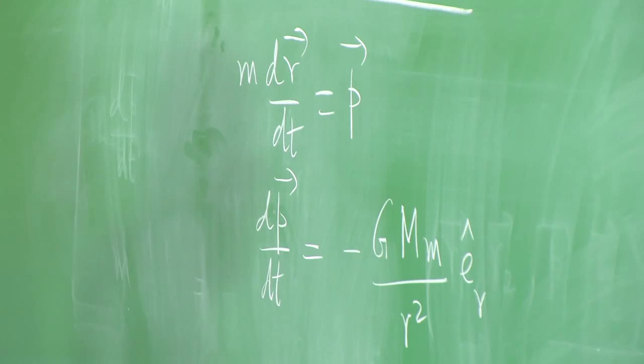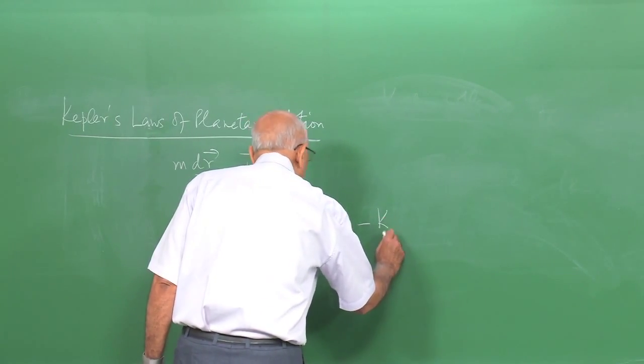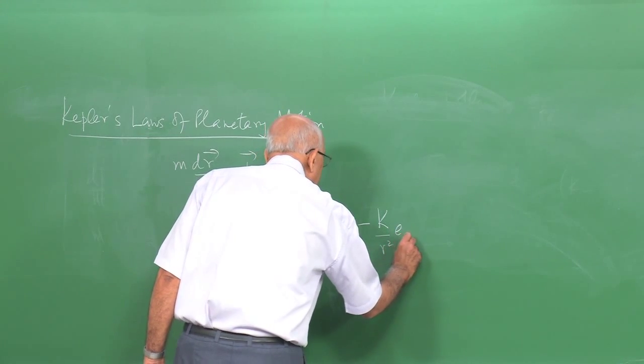Now, let me simplify this a little bit by writing this as equal to minus some constant capital K over r squared E sub r.